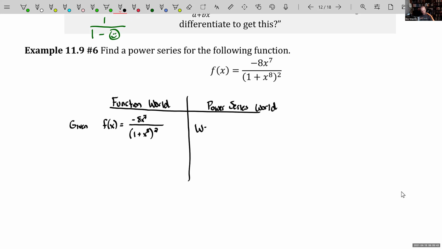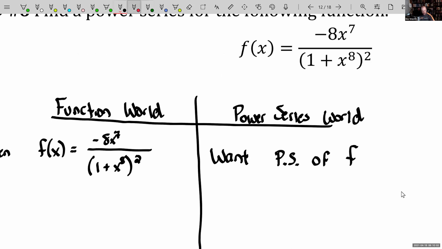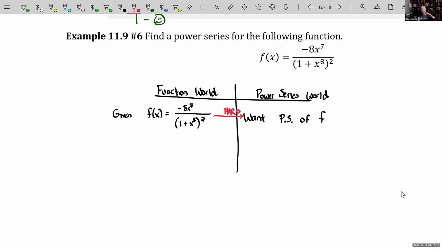We want the power series of f. Now, I don't know about you, but looking at that function and just immediately transforming it to the power series does not look like a good idea. I think that directly going there looks to me to be hard. So that is not likely going to be the best direction to go.